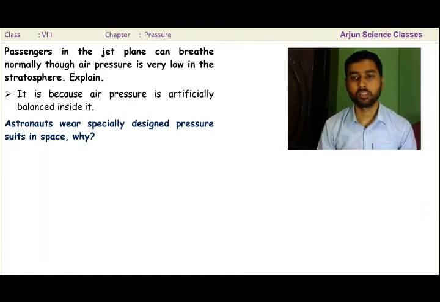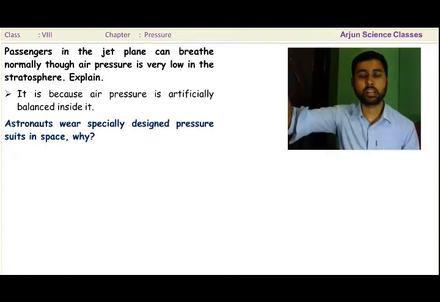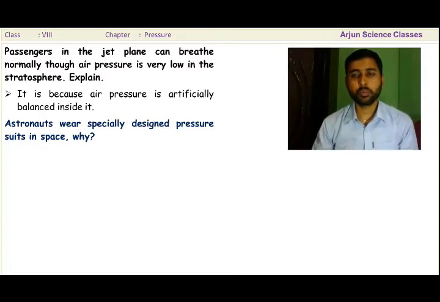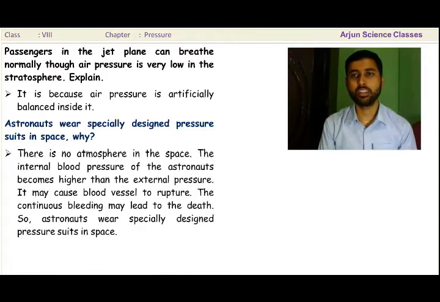Another question: astronauts wear specially designed pressure suits in space. Why? Because there is no atmosphere in space, and the internal blood pressure of the astronauts becomes higher than the external pressure.